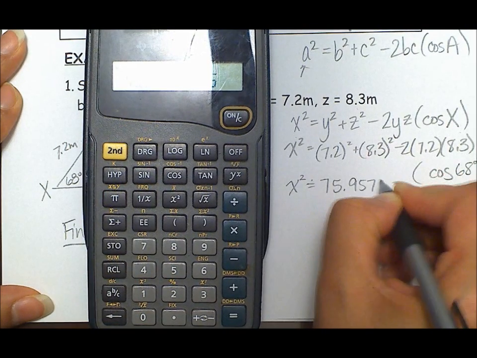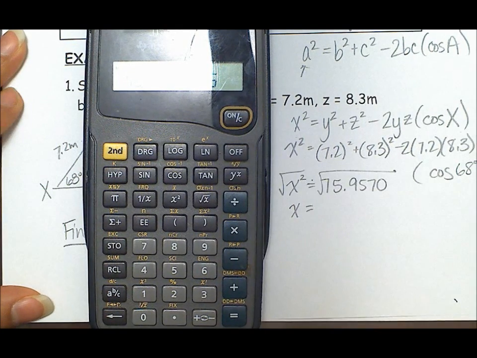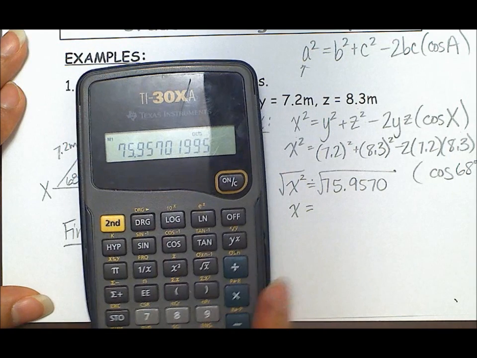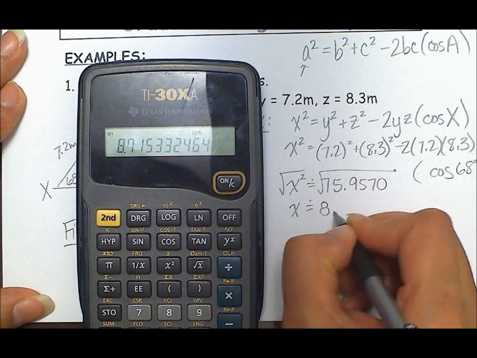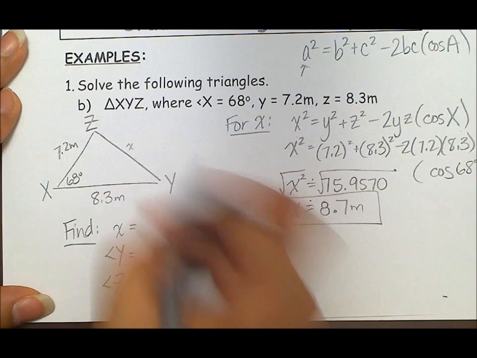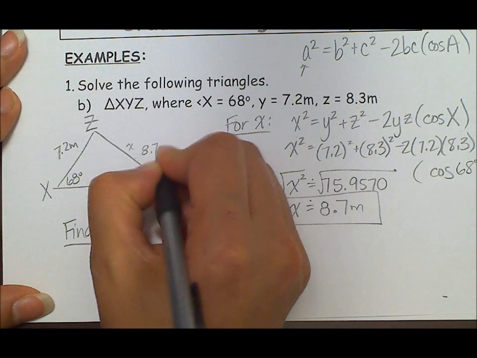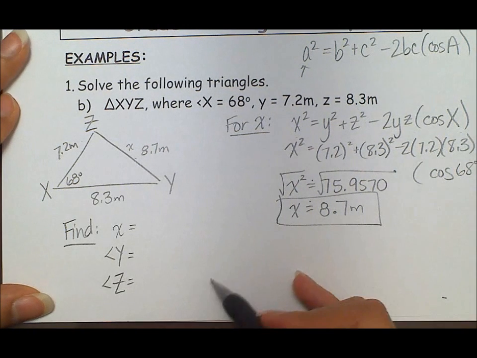And now to solve for x, I need to find the square root of both sides. And so I get approximately 8.7 meters. Okay, so I got about 8.7 meters for that side length there. Okay, so what else do I need to solve for? I need to solve for angle y and angle z.